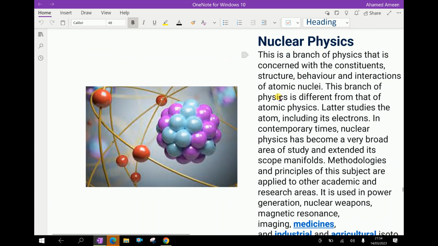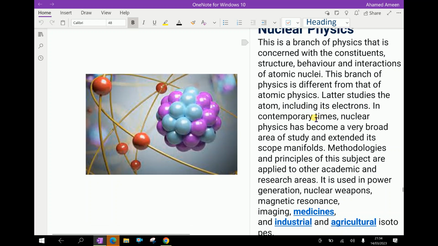Nuclear physics. This is a branch of physics that is concerned with the constituent structure, behavior and interaction of atomic nuclei. This branch of physics is different from atomic physics, which studies the atom, including its electrons.